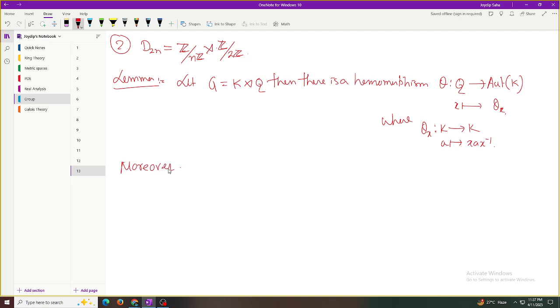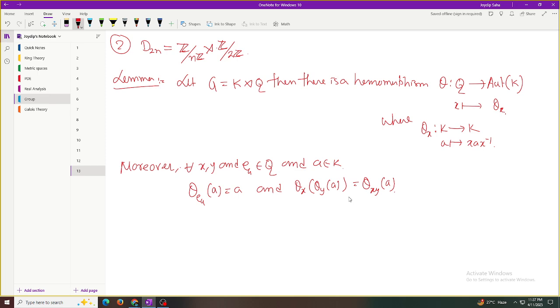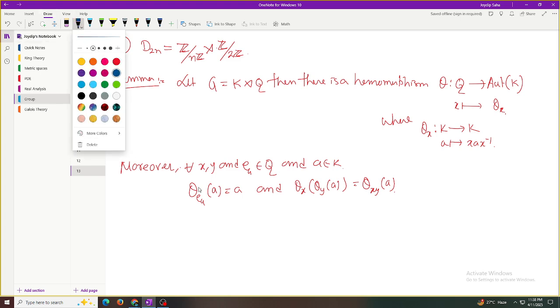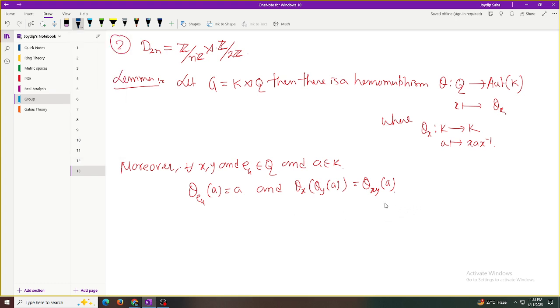Moreover, theta is a homomorphism, that is theta of x y equals theta x composed with theta y, and theta of identity of Q is the identity map on K. It is obvious because K is normal.